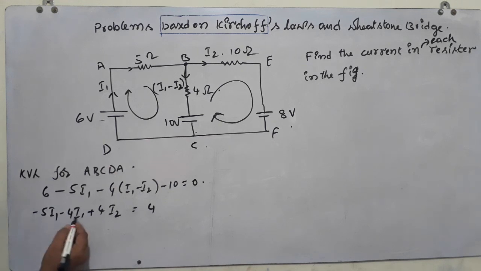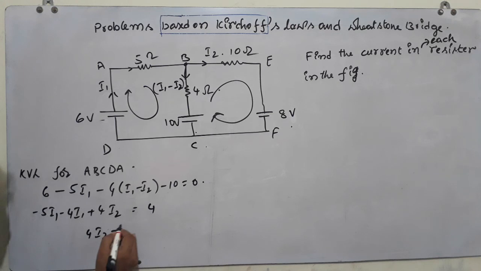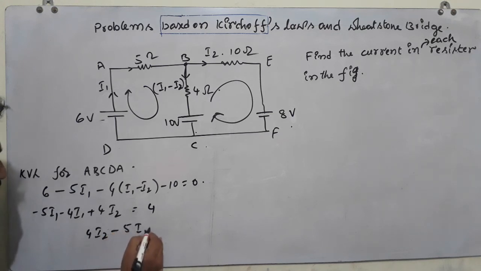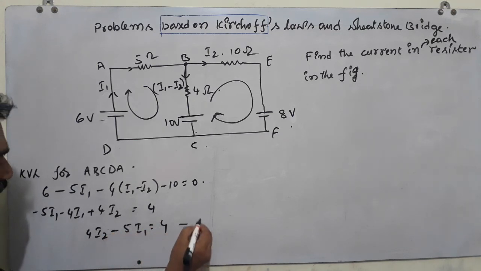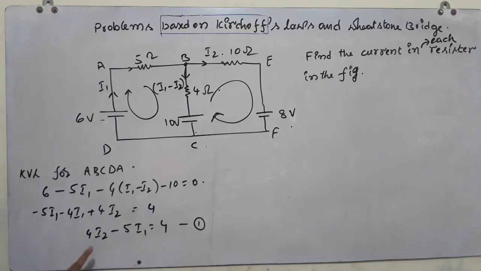So that you can get minus 5I1 minus 4I1 becomes minus 9I1. So 4I2 minus 9I1 is equal to 4. This is a linear equation with the two variables I1 and I2. I am considering it as equation 1.